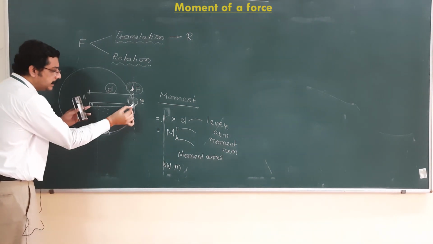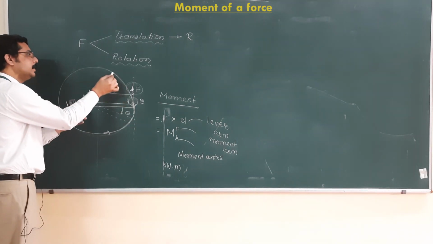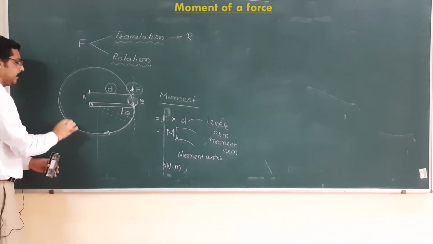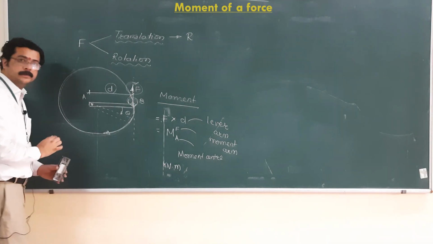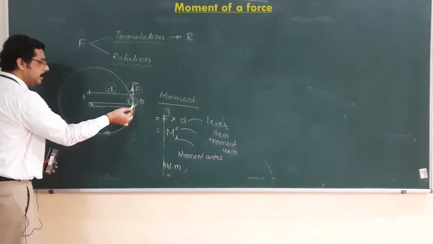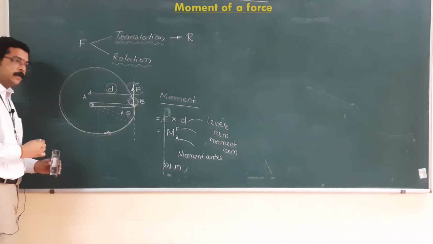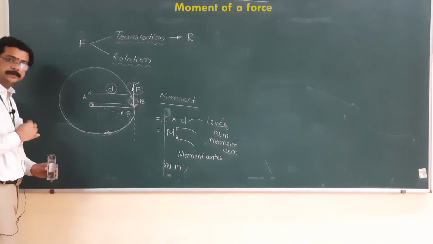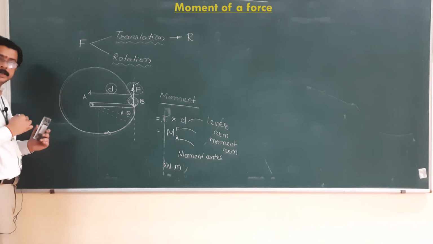Where is it acting? It is acting at this location. So I will rotate the system in this way, because the arrowhead is upward, okay. So when I have drawn a circle in this way, in which direction have I drawn? In anti-clockwise direction. Understood?